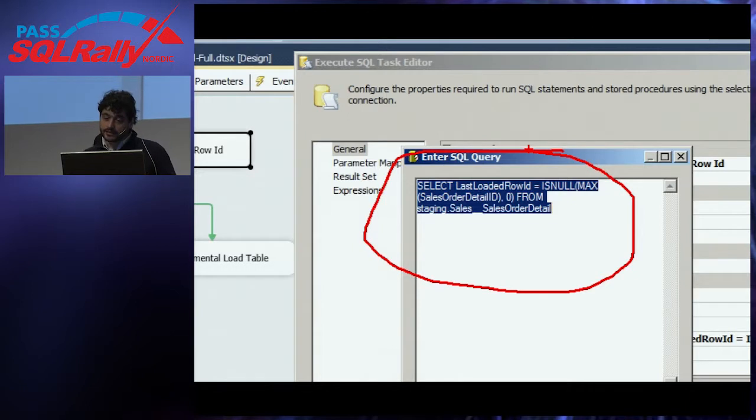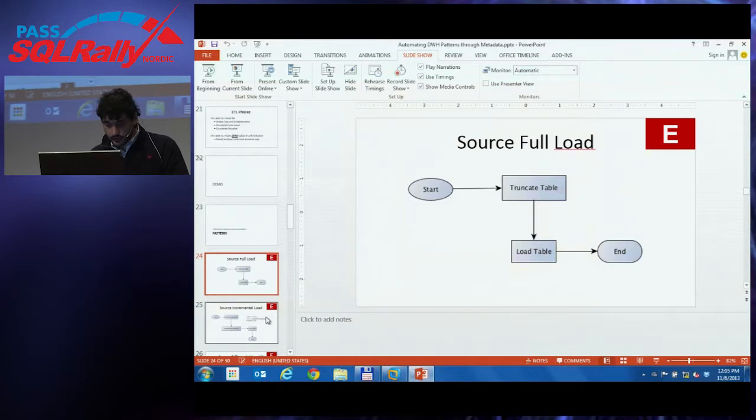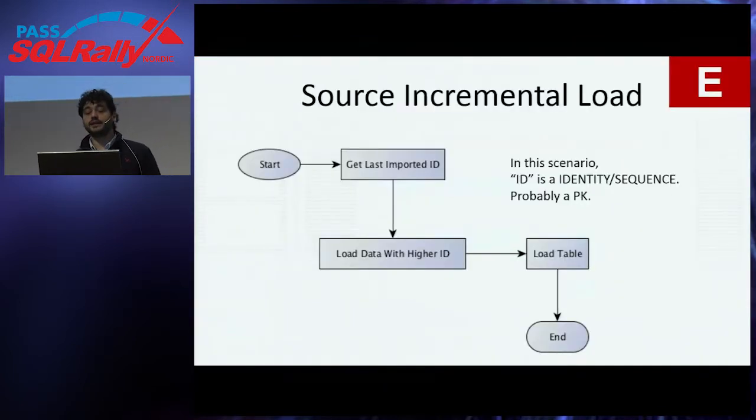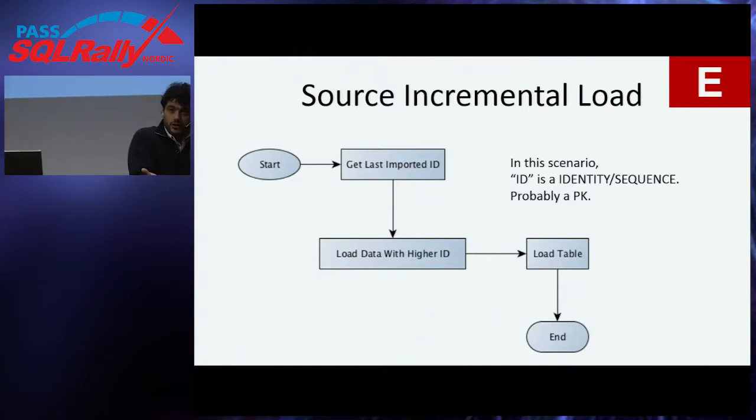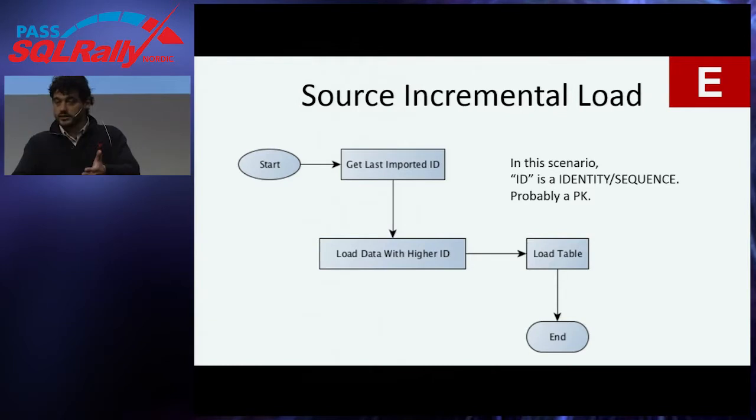But this is exactly the difference between a design pattern and implementation. Design pattern simply says exactly this. Let me go back one second to the slides. Design pattern is simply this: get the last imported ID. How? I don't care. I'm simply telling you, get the last imported ID. You want to do a max, you want to store it somewhere and get it later, it's up to you.